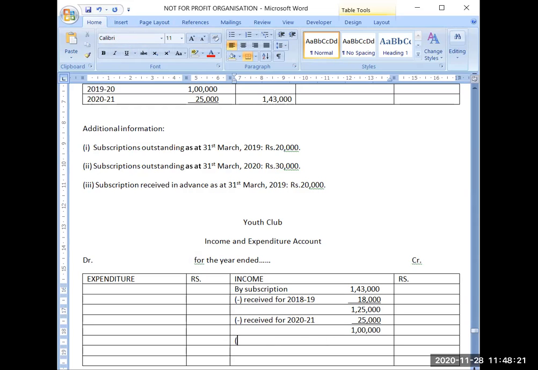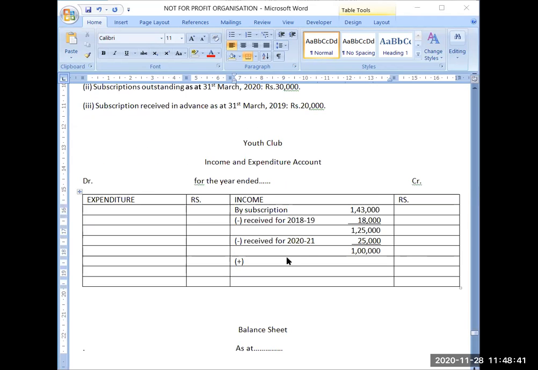Now we have received some amount as advance last year also, for the current year, received in 2018-19, 20,000.